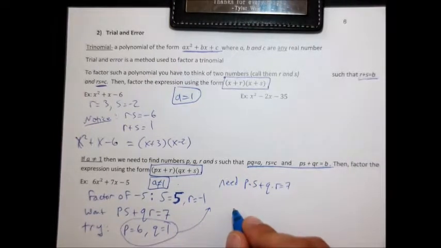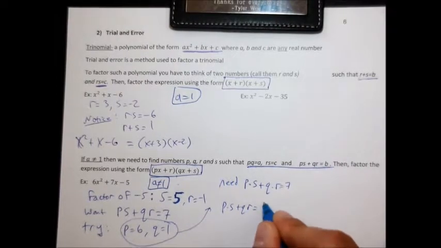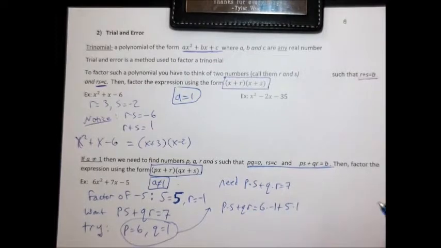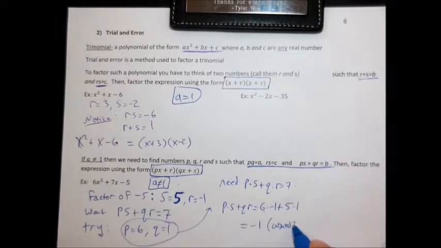But in this situation, PS plus QR is going to be 6 times -1 plus 5 times 1, which is -1. We're going to get minus 6 plus 5. We needed it to be 7, and it was only -1, right? And so this didn't work.